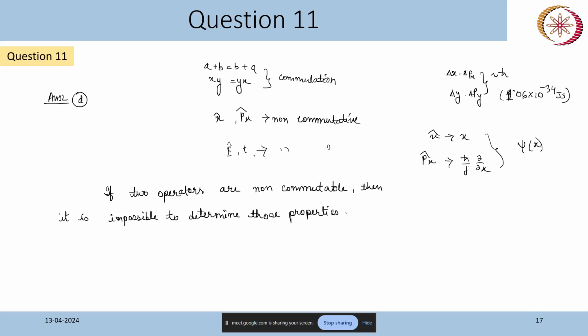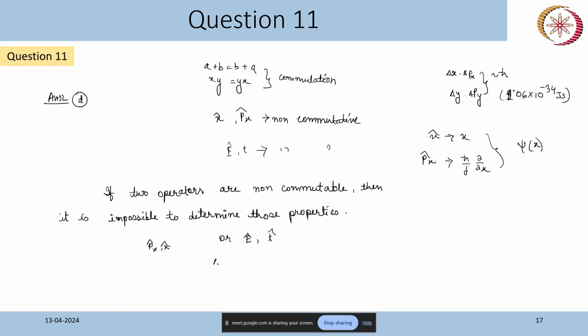Those properties means: if we use the momentum operator on the wave function, we get information about the mean momentum, and if we use the position operator on the wave function, we get the mean position. I already mentioned the sets: position and momentum, these are non-commutable, and energy and time.